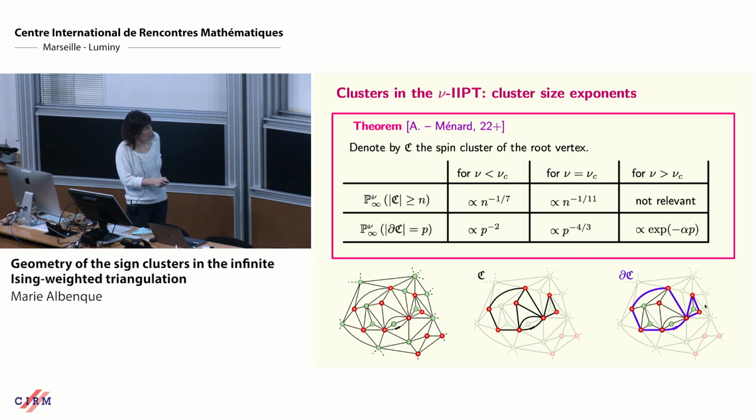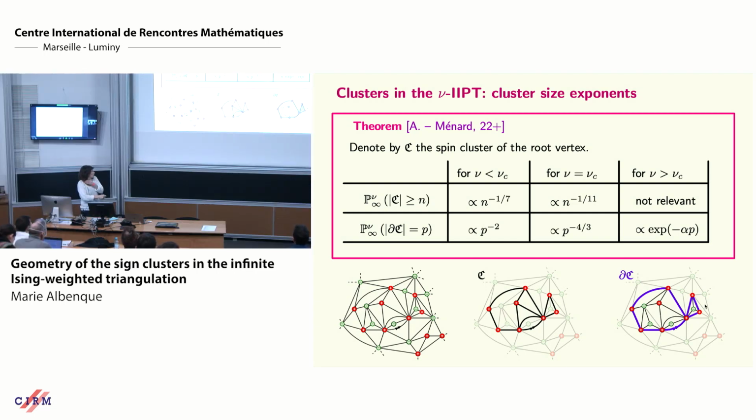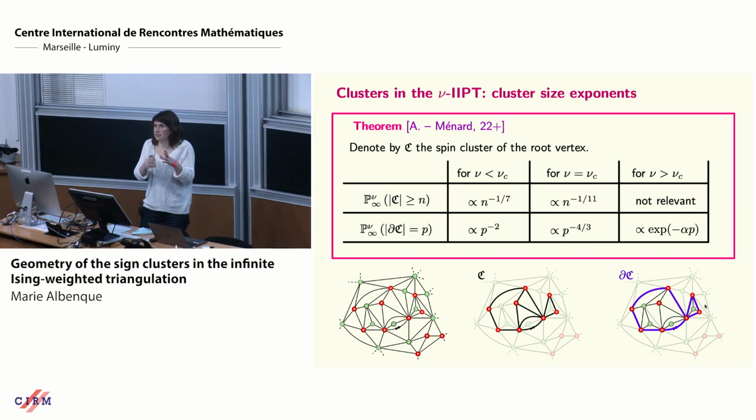And delta C is the length of the boundary of the root cluster, which is represented by these blue edges here. So the volume gives you the area of the root cluster, and delta gives you the length of the interfaces between different clusters, which are two relevant quantities to study. So we can basically compute these.